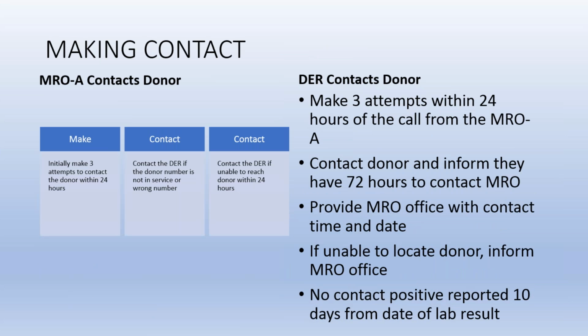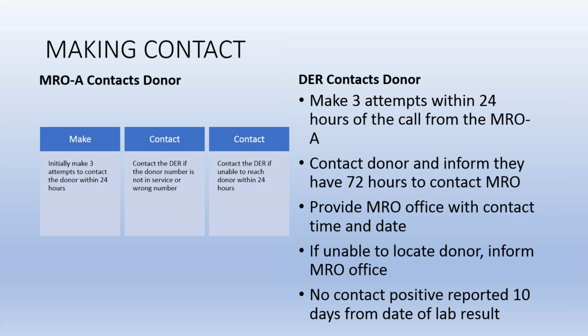So making contact. What happens when the MROA gets a non-negative result in from the laboratory? The MROA initially will make 3 attempts to contact the donor within 24 hours to get that interview scheduled with the MRO.